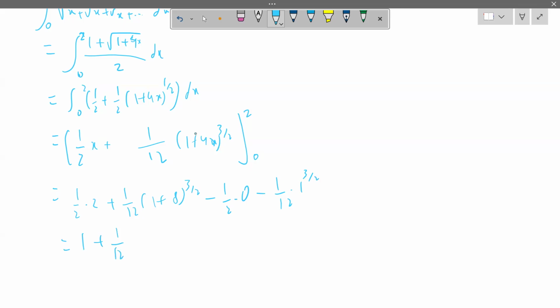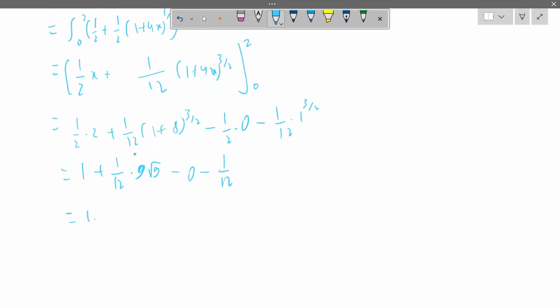This is 1/12 times 9 to the power of 3 over 2, which is 9 times the square root of 9, minus 0, minus 1/12. So you get 1 plus 3. We cancel out 9 of 12, and then the square root of 9 evaluates to 3, so that is 3 out of 4, minus 1 out of 12.